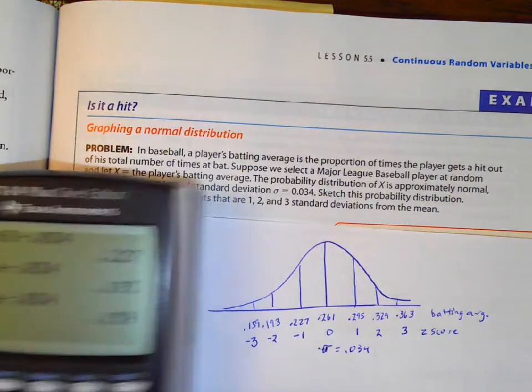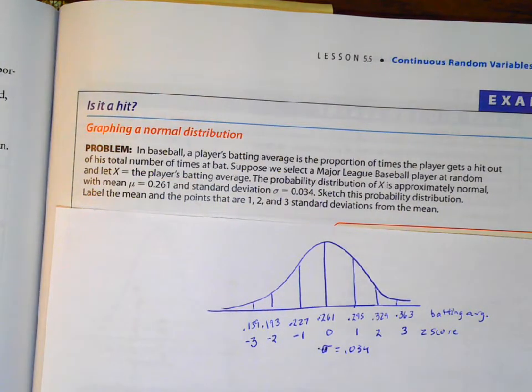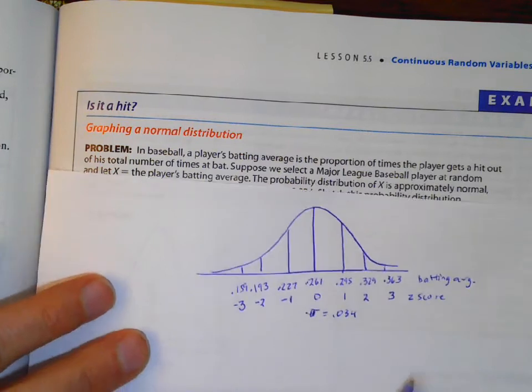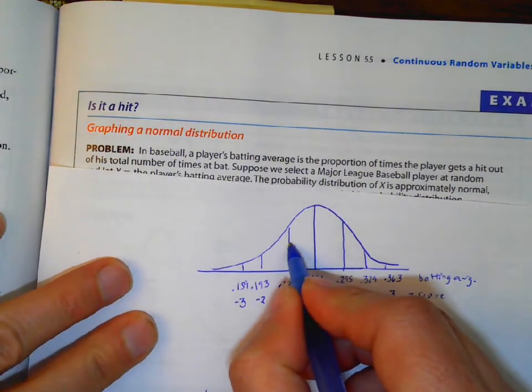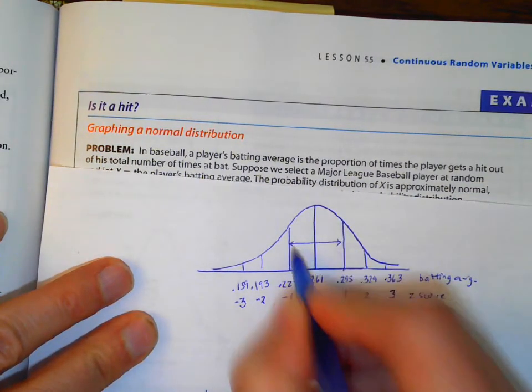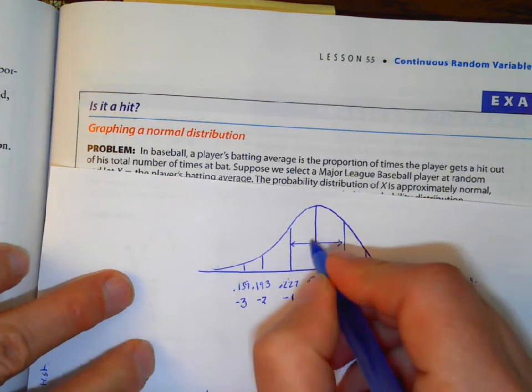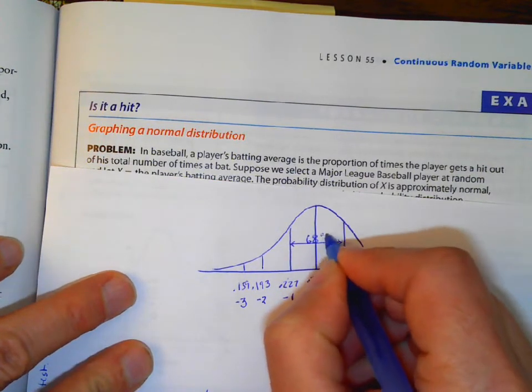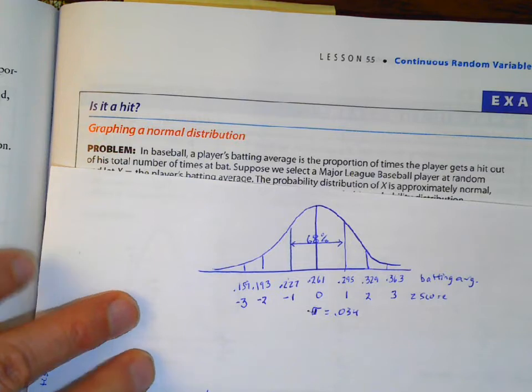Now 5.6, we're going to start defining some probabilities, just the beginning part of it here. If it's a normal distribution, between these two, if I'm 1 standard deviation away, we have 68% of the population in there.